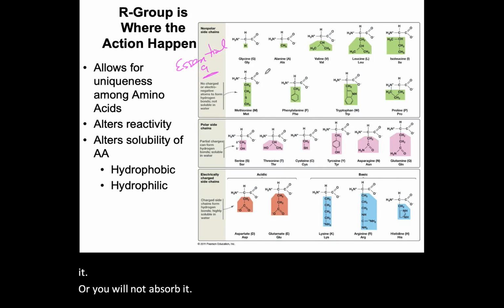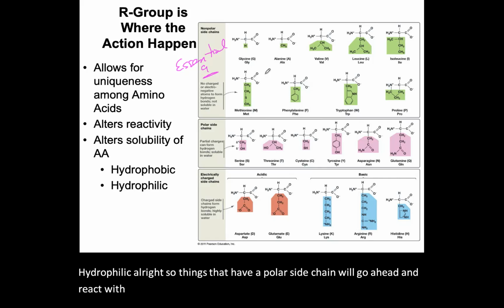Everything else there is hydrophilic. Things that have a polar side chain will react with water. Things that are acidic or basic because of the R group will react with water.